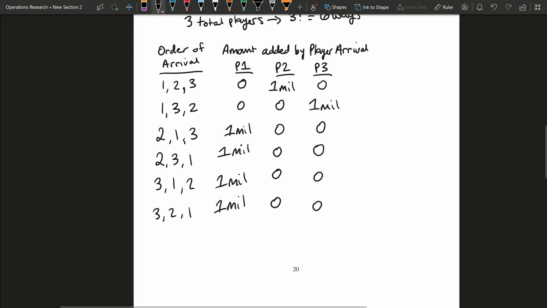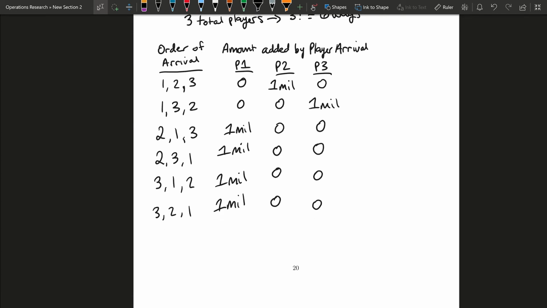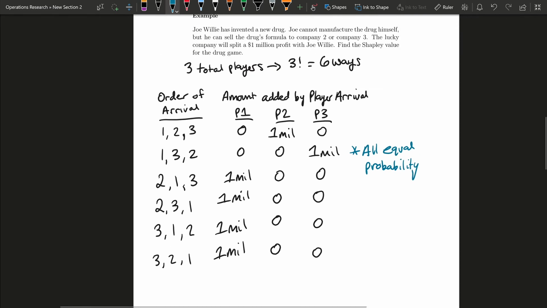So now that we've broken down all of these different orders of arrival that we could have and how much the reward is supposed to be, it's important to note that all of these orders of arrival have equal probability because we don't know which of these people are going to be in the coalition.